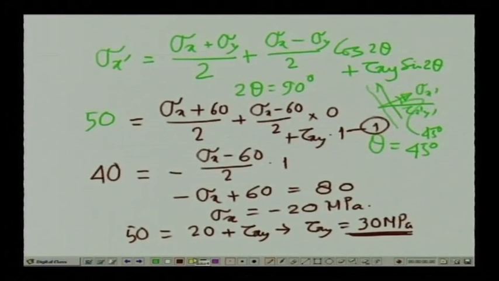If we now draw the element on which the stresses act, we have sigma y on this. We have now evaluated the stress sigma x and also tau x y.